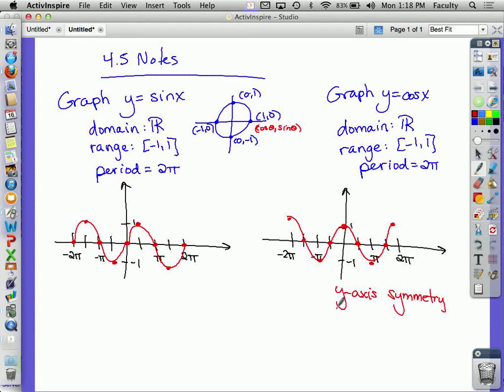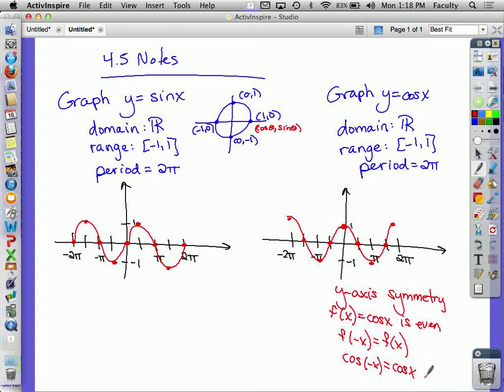It's even. So this means f of x equals cosine x is even, which means f of negative x equals f of x. Or in other words, the cosine of negative x is just the same thing as cosine x.